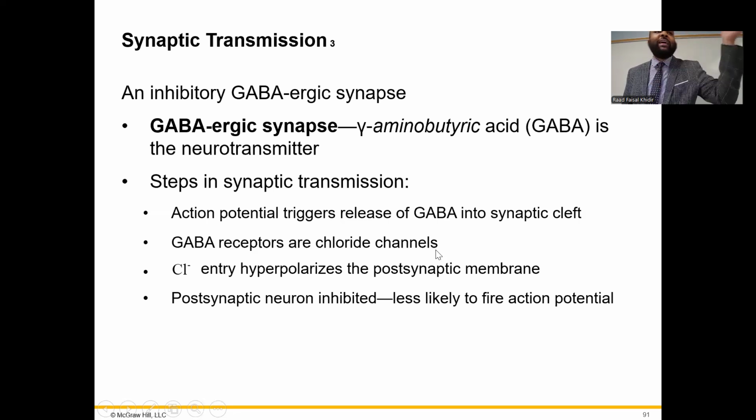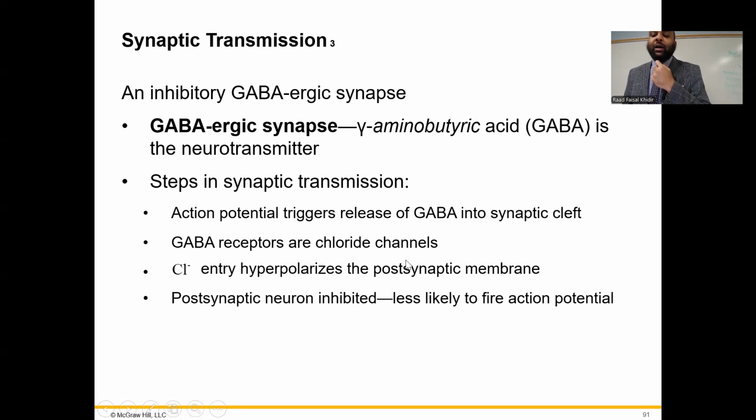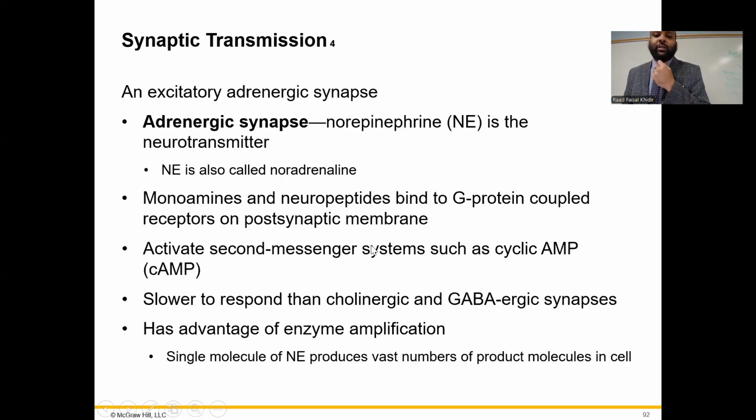So now we don't have excitation. We don't have depolarization like with acetylcholine. Now we have hyperpolarization, and the postsynaptic neuron is going to be inhibited because it's not going through depolarization. So no action potential.